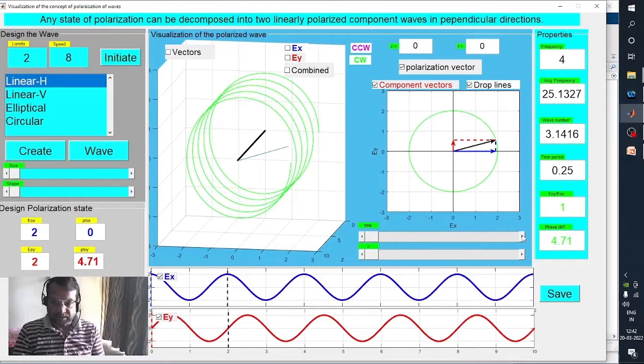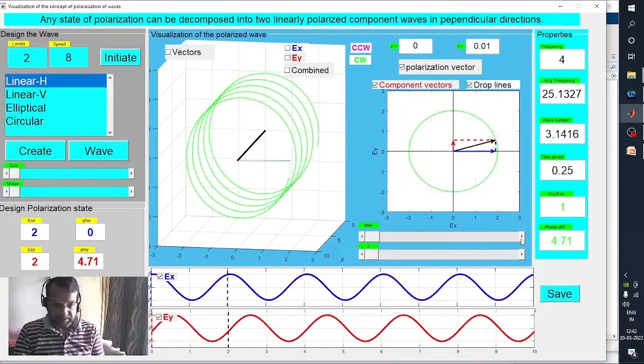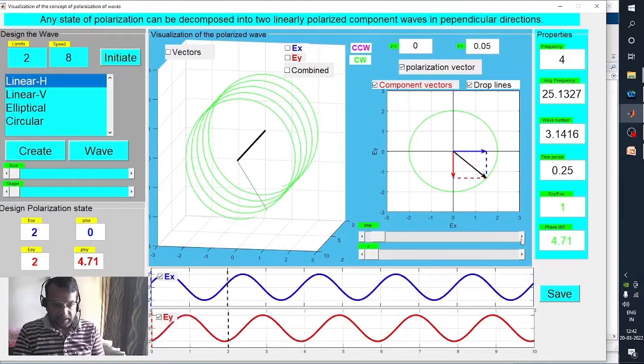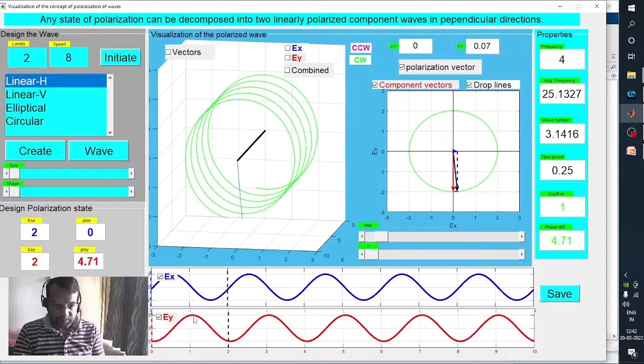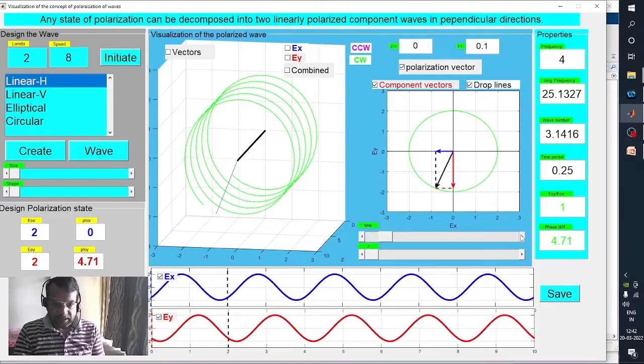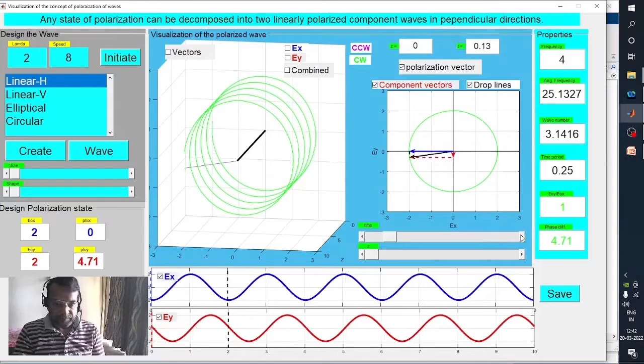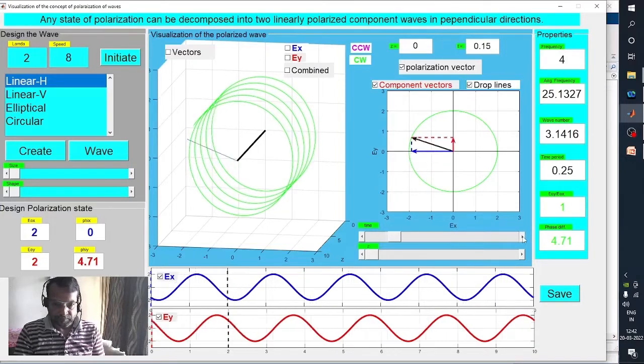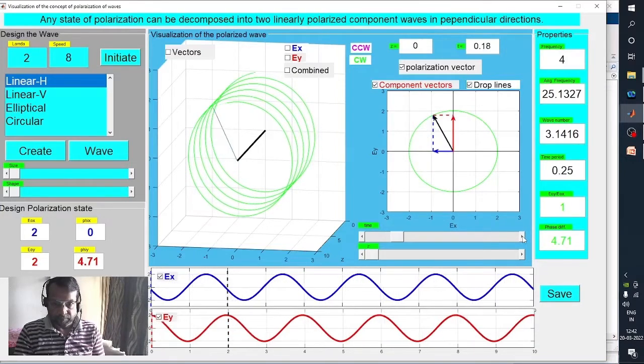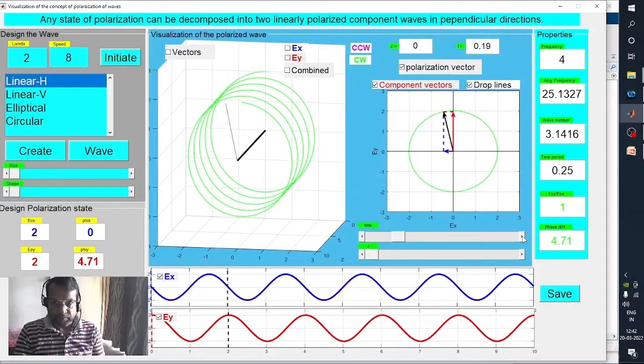Let's look at this. So Ex is maximum here, and as a function of time now, the time slider changes. So this is the maximum of Ey when Ex becomes 0.